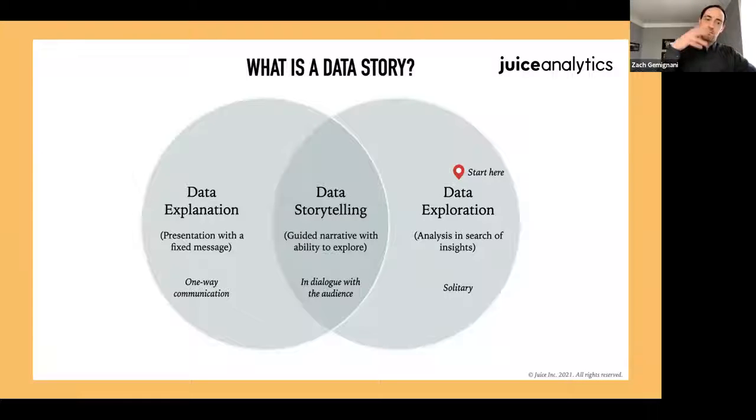Or sometimes I've thought of data storytelling as data story finding, which is an awkward term, but essentially you're giving people a playground, a sandbox in which they can find the stories that are most relevant to them. We also talk about choose your own adventure books.